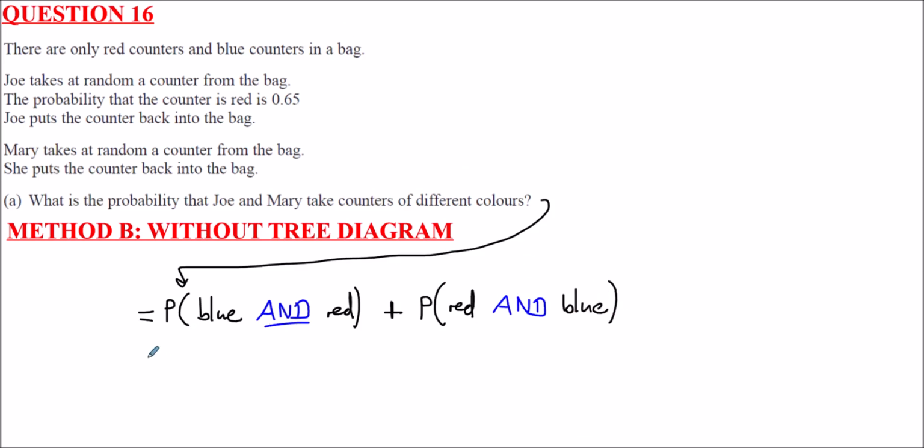aid, if we like. So blue, like we say, if red is 0.65, that means the probability of blue is 1 minus 0.65, which is 0.35.